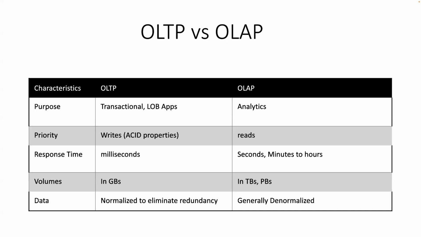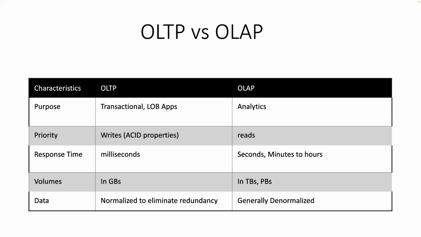In an OLTP system, you might have very many requests, but they are dealing with a small subset of data. In OLAP, you're usually dealing with a huge amount of data, but you might have a very low number of requests coming in.